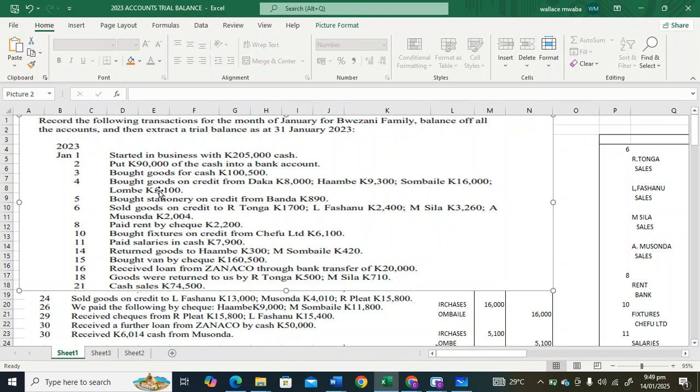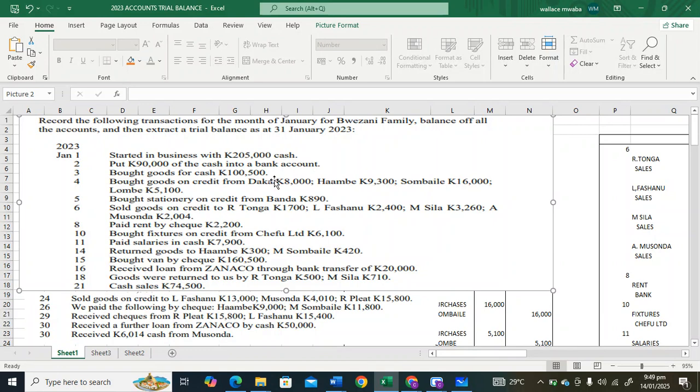Let's start with Daka. The two accounts involved here, again, are the purchases account, but this time, since cash hasn't been exchanged, we're owing somebody money. So Daka becomes a payable. We are owing him money.